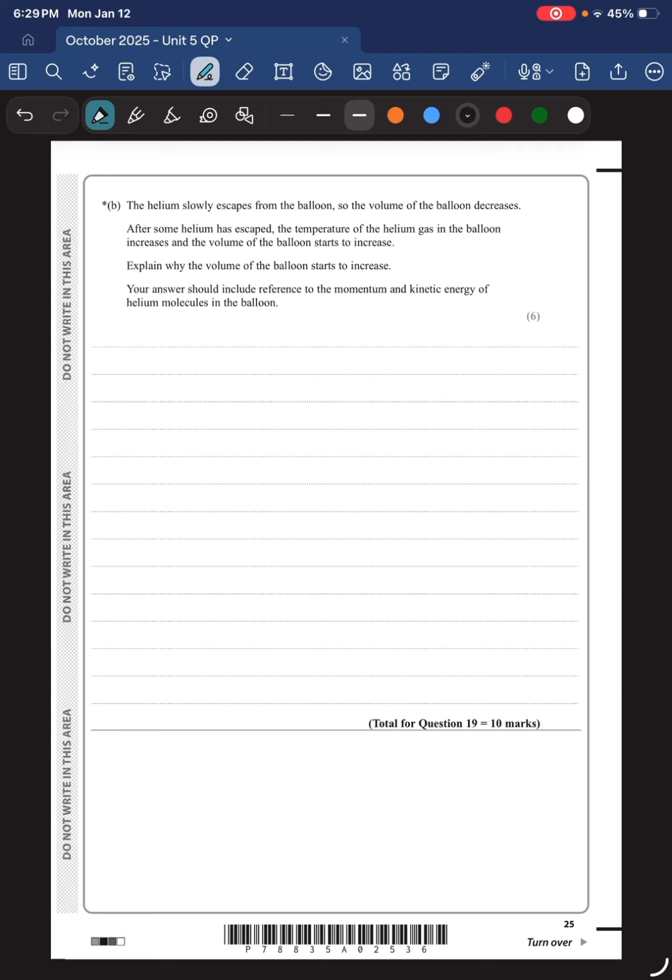Okay, so this is a little bit of a misleading problem. Instinctively, you would expect that if some helium escapes, the volume will decrease and then the temperature will decrease as well, right? But they tell you that the temperature of the helium gas increases. We don't know how this happens.